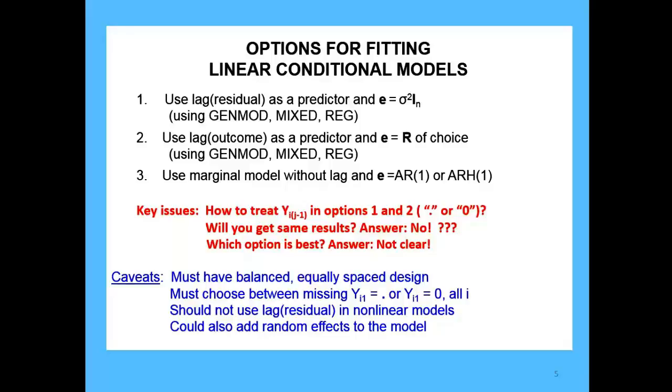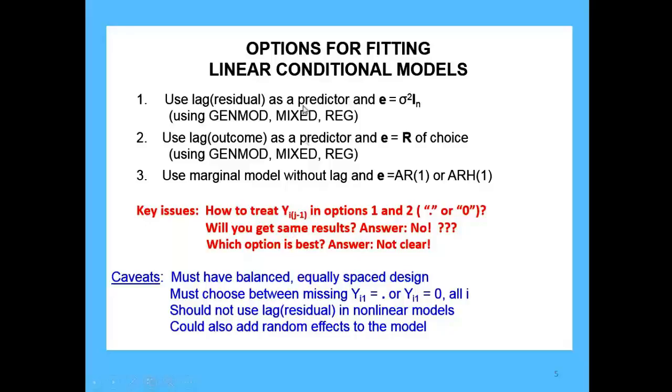Now, what I did with the FEV data and with other data sets was run these 3 different approaches on them to see whether I get the same answer or not. One key issue is how to treat the earlier, first value, that value at time 1.